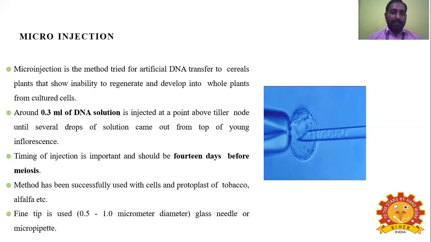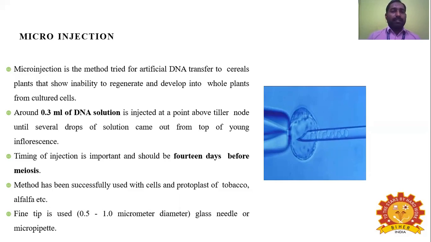Due to its instability, it was developed further and improved, and it became much more efficient compared with the earlier one, and after that it enabled the transformation process. In microinjection, the solution would be around 0.3 ml, that is 300 microliters of DNA, the vector molecule, which will be injected into the cells or the nodes of the plants.